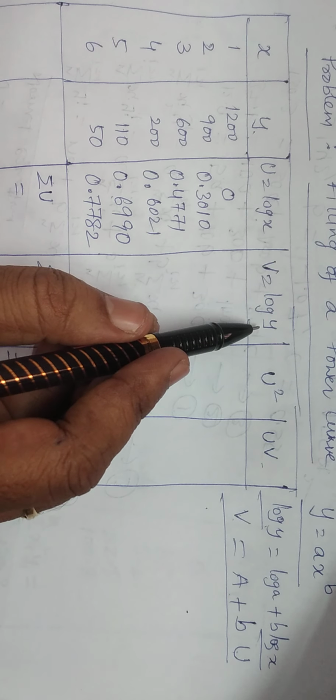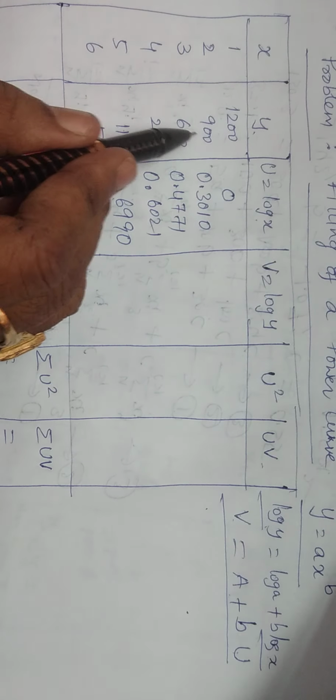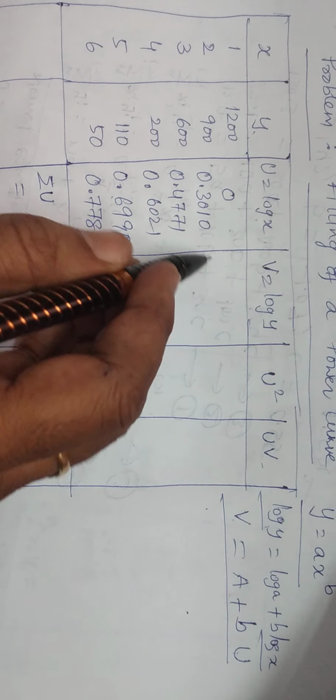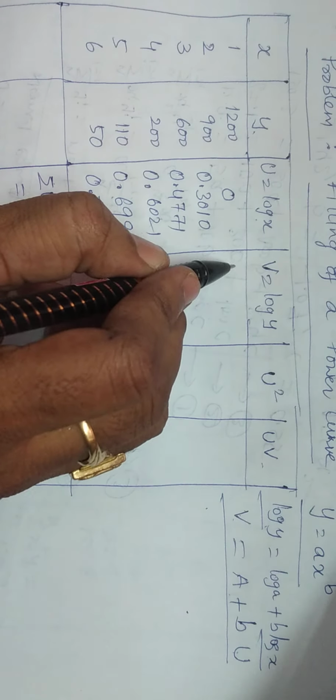And now v is equal to log y. The y values are 1200, 900, 600, and so on, for which you calculate the logarithms.